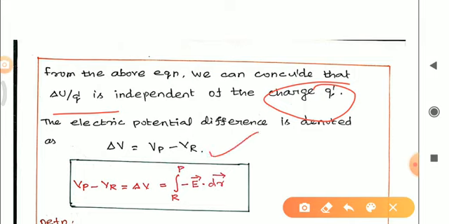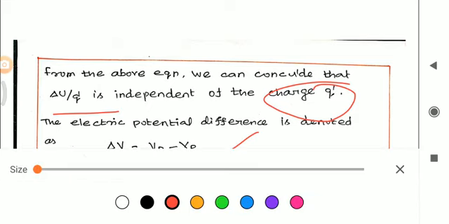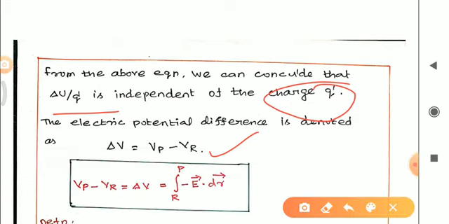In equation form, Vp minus Vr is equal to del V is equal to integral r to p of minus E vector dot dr vector.